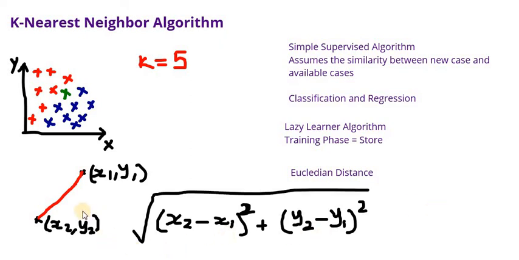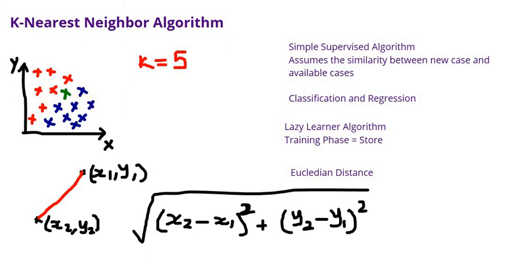So the distance between these two points, x1 y1 and x2 y2, can be calculated using the Euclidean distance like this: the square root of x2 minus x1 the whole square plus y2 minus y1 the whole square. Using this method you are going to calculate the distance between the new data and all the other data.